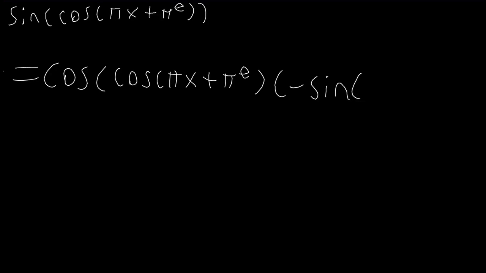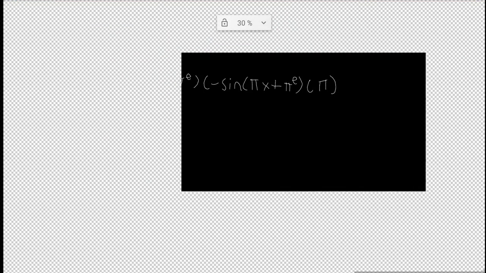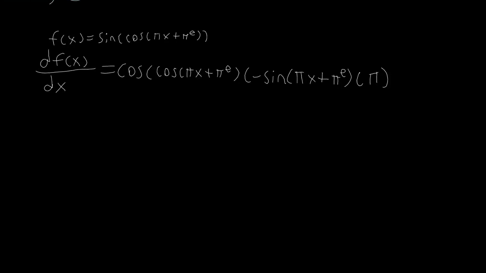So it's negative sine of pi x plus pi to the power of e. And now we're going to take the derivative of the inside of negative sine. So the derivative of pi x is just pi, and don't get tricked here. The derivative of pi to the e, because it's a constant, is just 0. So it's just pi. And so this is going to be our long answer.